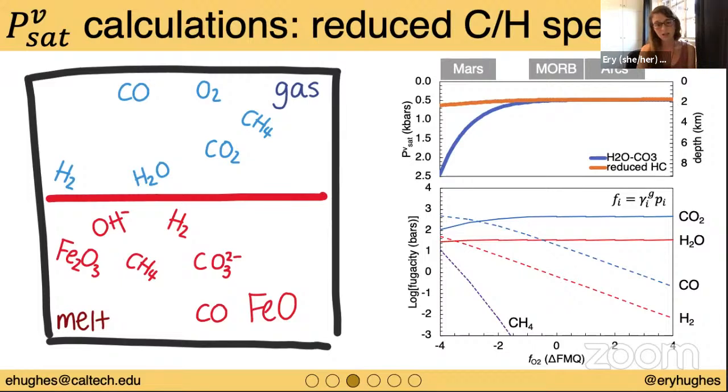That's because in the gas phase, the hydroxyl and the carbonate will be converting to these molecular reduced species, and that reduces the fugacity of the water and the carbon dioxide. And these reduced species, CO and hydrogen, don't get up to as large values, so we don't see as large an increase anymore.